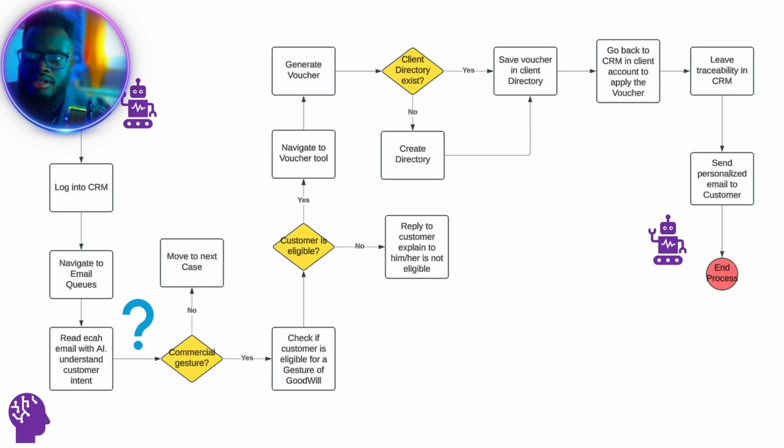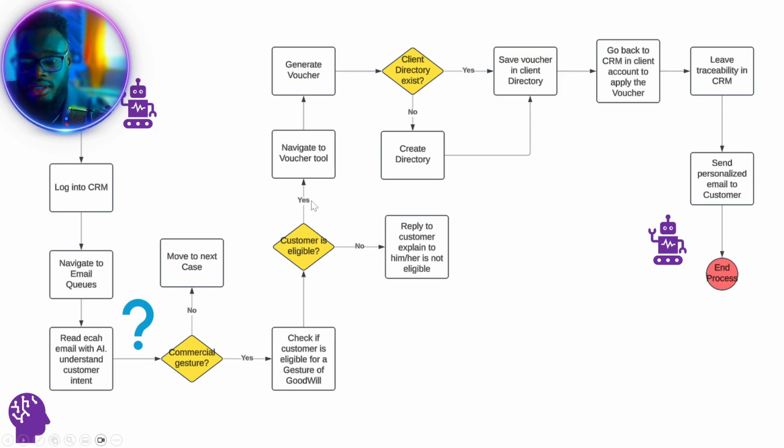Again, it depends. We can give some specific instructions to the robot, and it will follow those instructions, right? If the customer is eligible, it will generate the voucher. If it is not eligible, it will send a customized email, very politely and respectfully explaining to the customer that he or she is not eligible for a voucher.